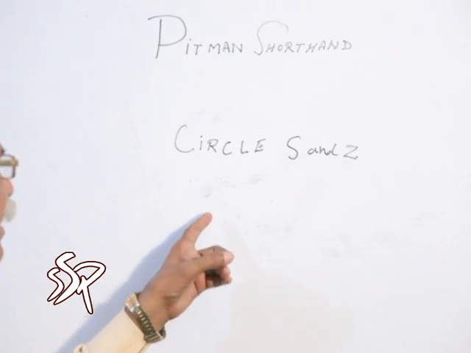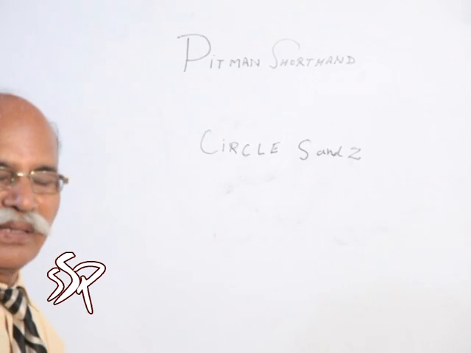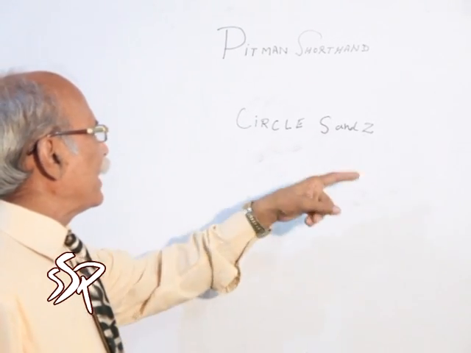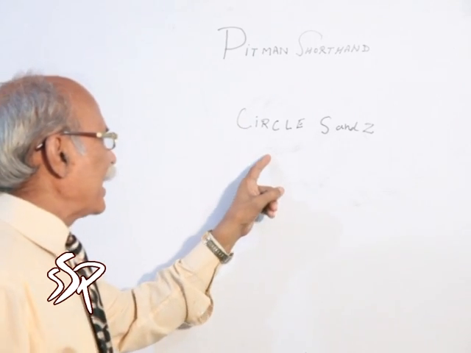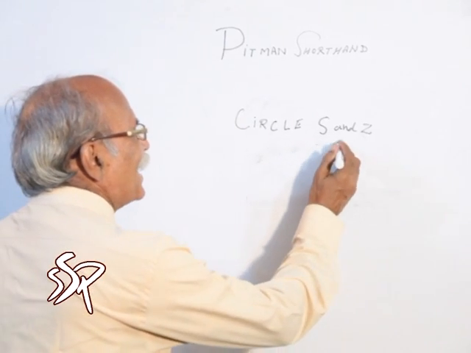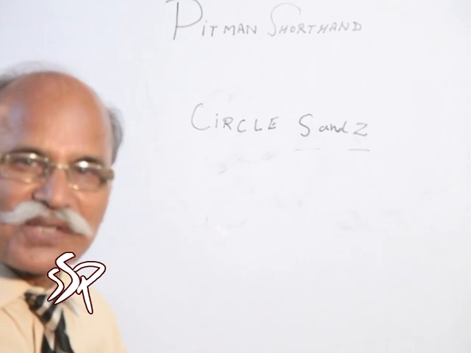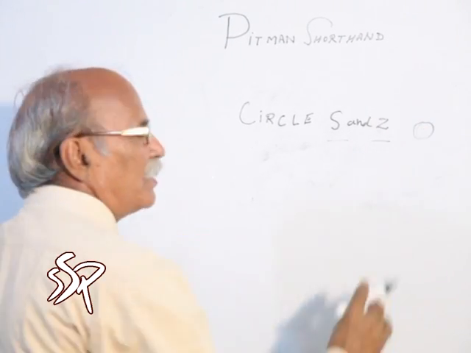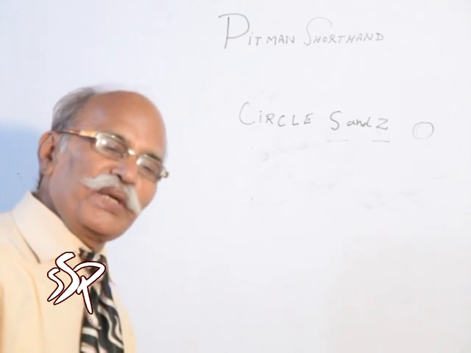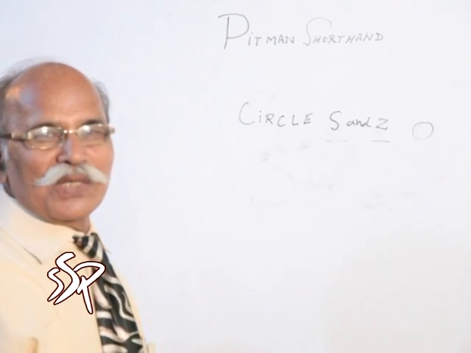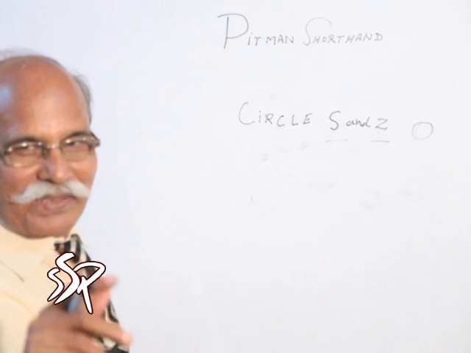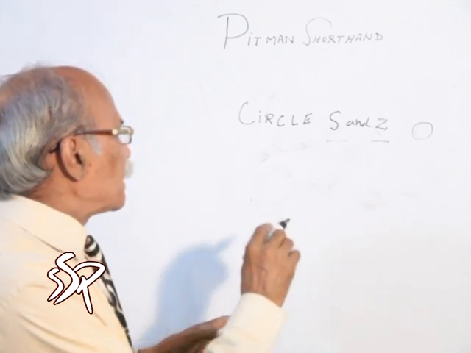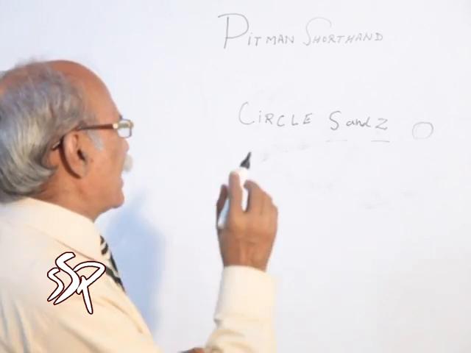So here is the circle for S and Z. I have already explained that the circle is used for both consonants, S and Z. It is the same circle used in common language. I am telling you what the circle is and why we use it.